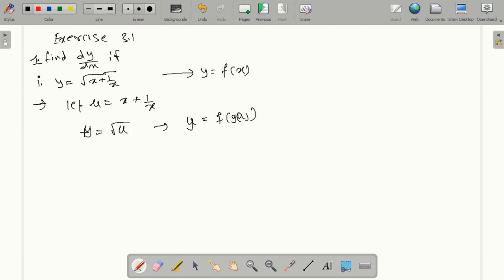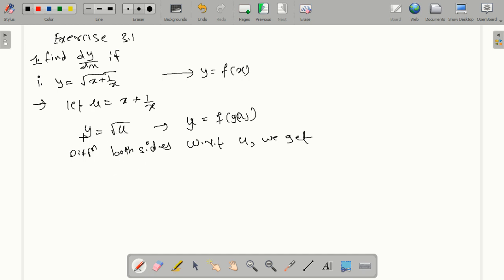So what I'm going to do is differentiate both sides with respect to u. Why are we differentiating with respect to u? Because y is represented as a function of u, so y is a differentiable function of u.